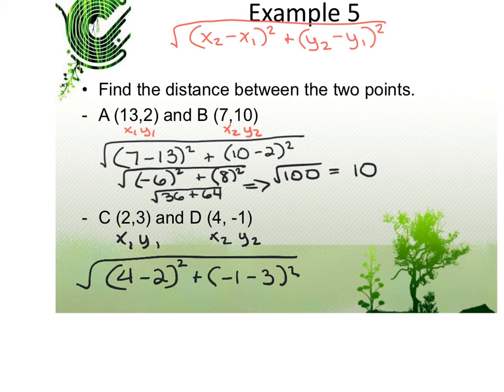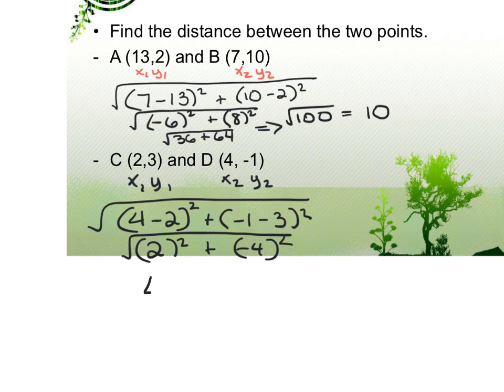I'm going to subtract, and now I'll square. 2 squared is 4, negative 4 squared is 16. I'll now add.